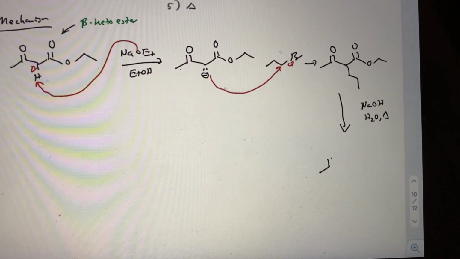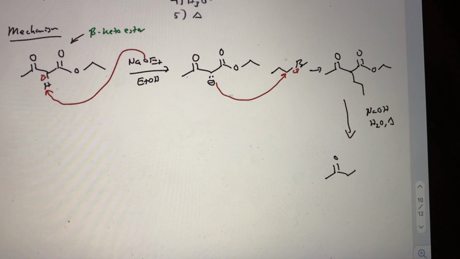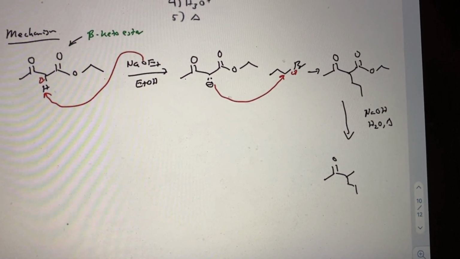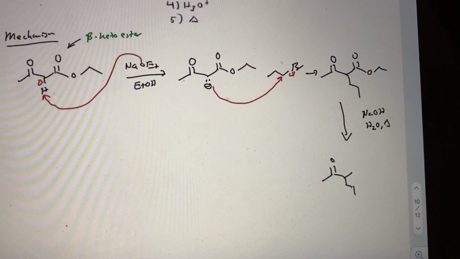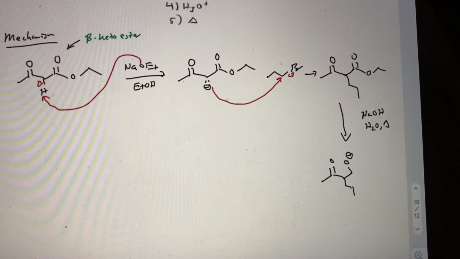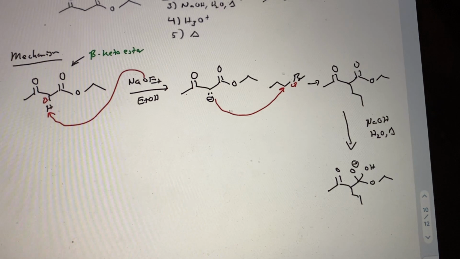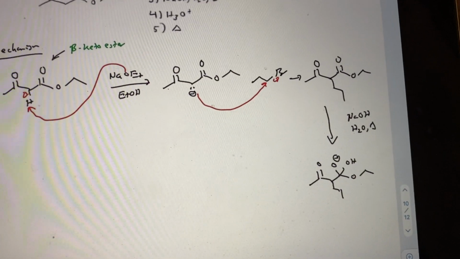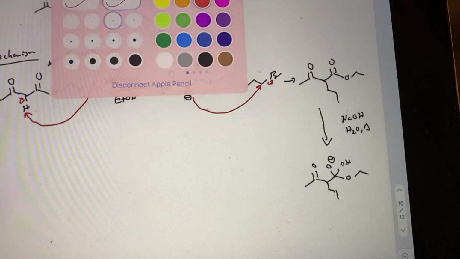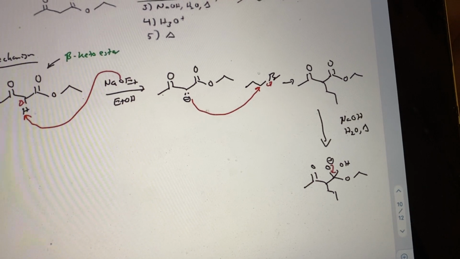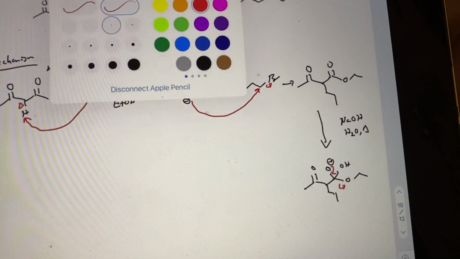So we'll write out this step. So this is all the same. And what we've done now is let's have the O minus, OH. So we're going back to our reactions of carboxylic acid derivatives. And we have a leaving group here. So we can go ahead and kick out ethoxide.